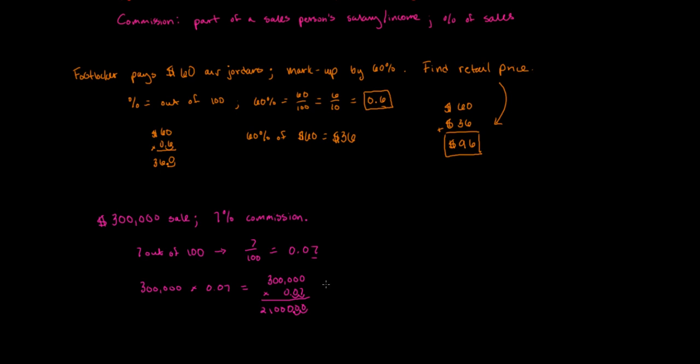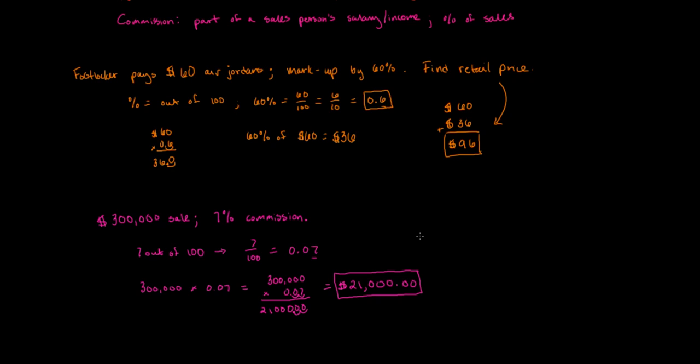So I get the answer 21,000.00, or $21,000. So if I make 7% commission on a $300,000 house sale, my payout, my income is going to be $21,000 for one house sale.